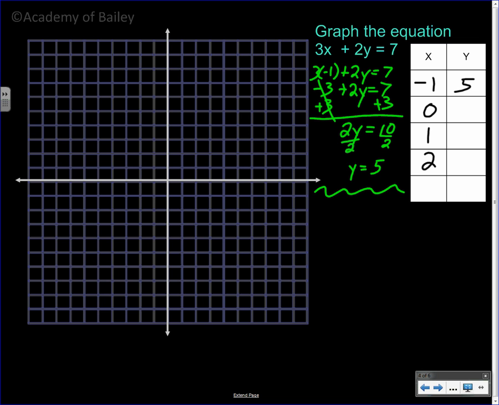Now for the second one, x equals 0. 3 times 0 plus 2y is equal to 7. And 3 times 0 is just 0, so I'm going to cross that out, because 0 plus 2y is just 2y. Then we'll divide by 2 on each side. Y is equal to 7/2.